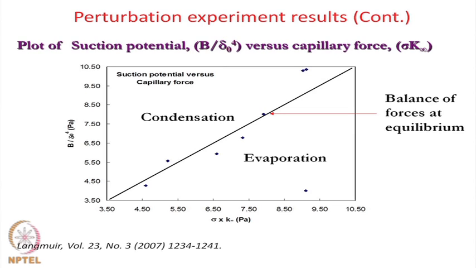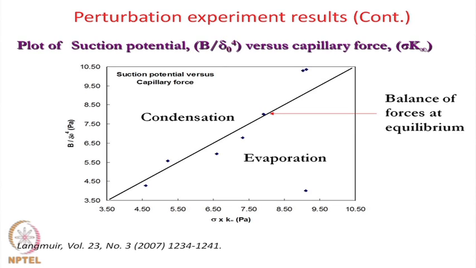So, B by delta 0 to the power 4 is called the suction potential, and sigma K infinity is the capillary force. When these two forces are balanced, we get an equilibrium situation, and then B by delta 0 to the power 4 is equal to sigma K infinity.